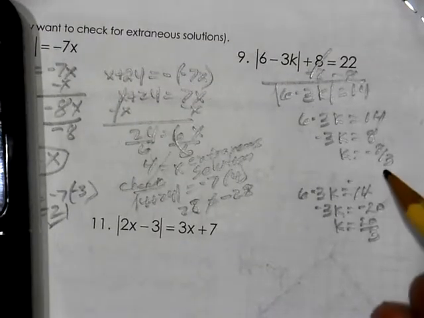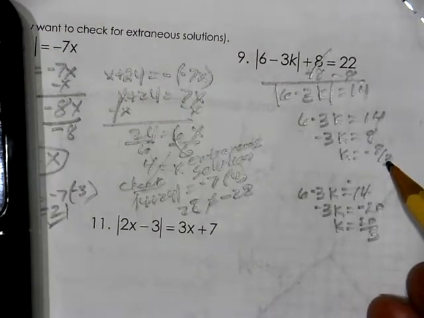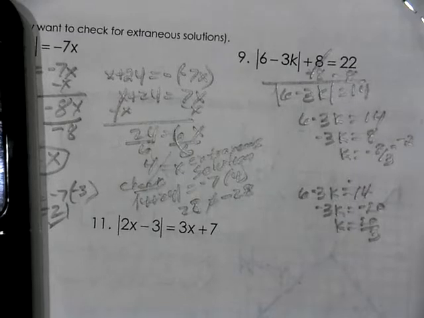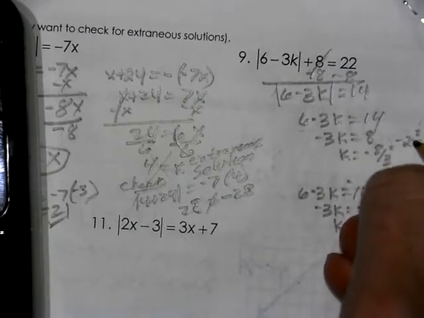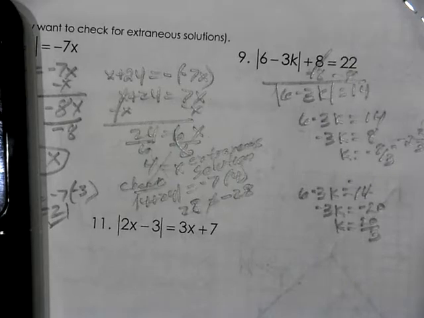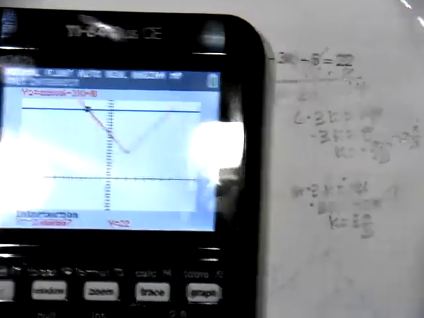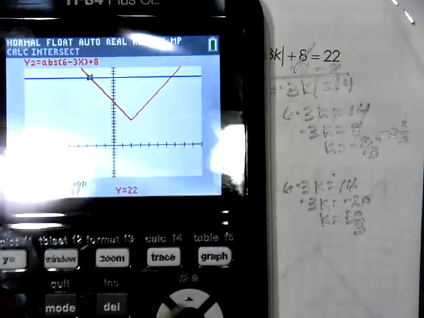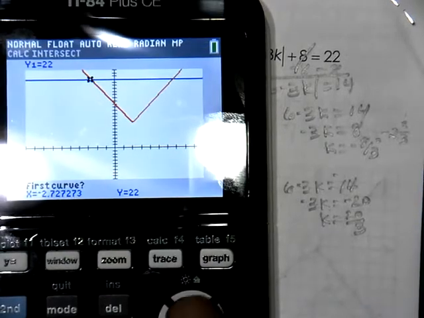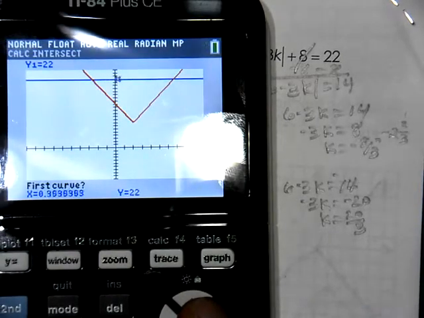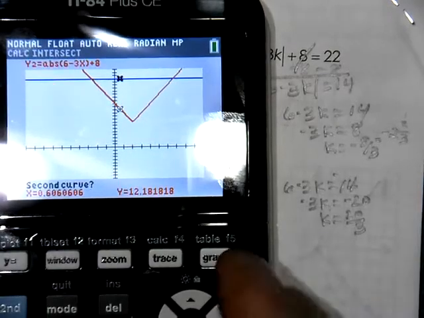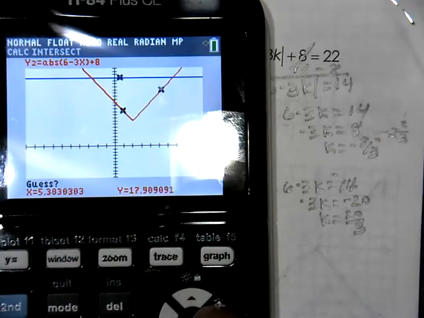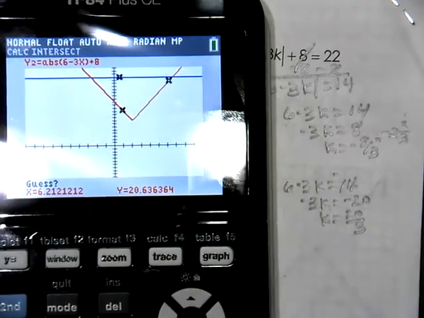Well, three is going to go into here negative 2 times, which is negative 6, with 2/3 left over, negative 2.66. We can also say second trace. Go to number 5. Is that the equation that I'm looking for? Yes, that's one of them. This is the other one. And the solution this time that I'm looking for is closer to this side.